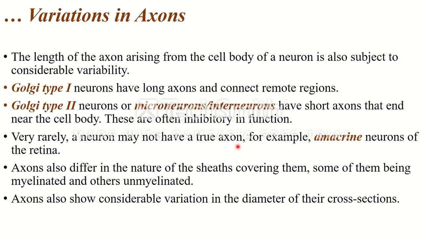Okay, so with respect to the length of the axon, neurons are divided into two types, Golgi type 1 and Golgi type 2. Golgi type 1 are the neurons that have a very long axon, and Golgi type 2 are the neurons that have very short axons.